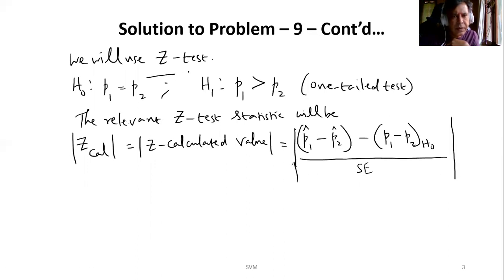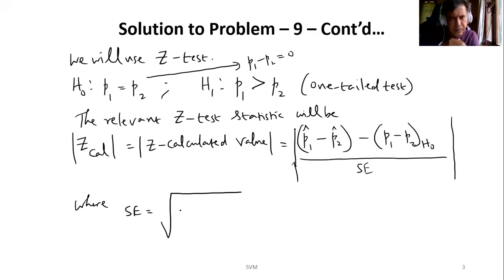So from this I can say P1 minus P2 is 0 under H naught. So where standard error is equal to square root of P1 cap into 1 minus P1 cap.